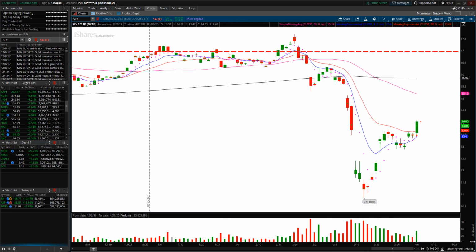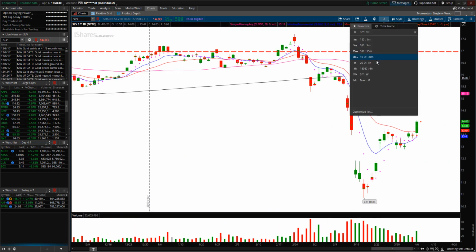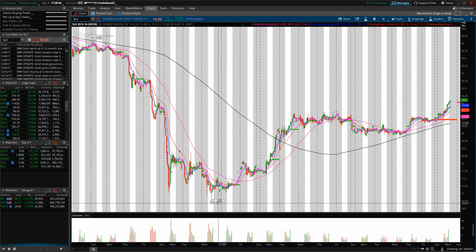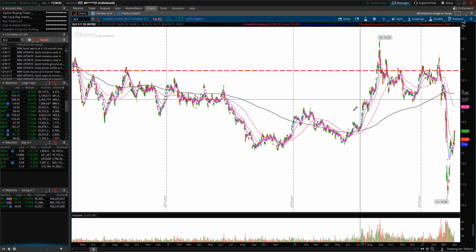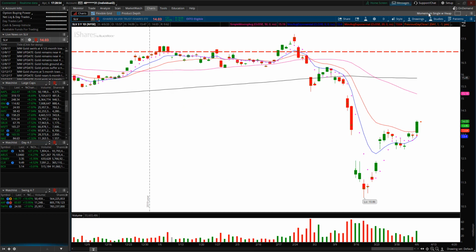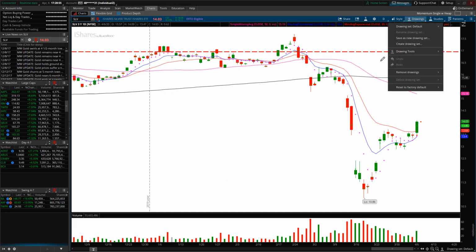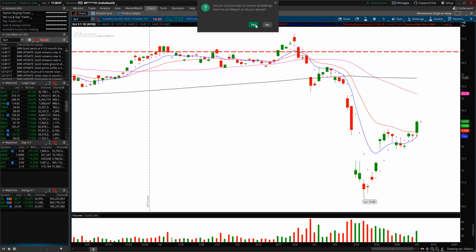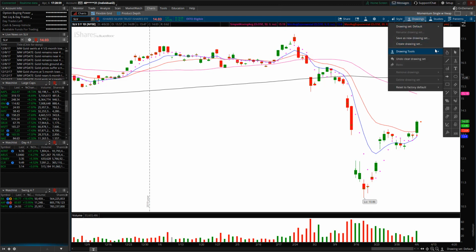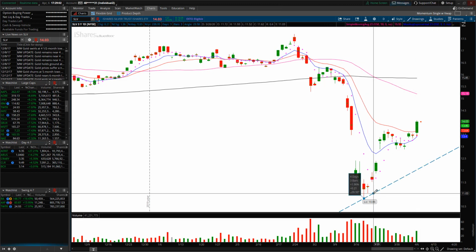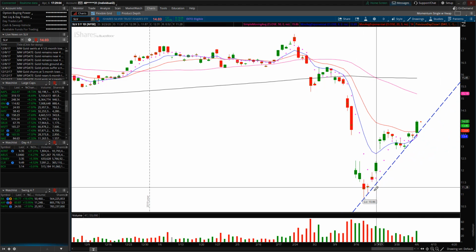So you can see with SLV, kind of a cup and handle-ish. You guys see this? Watch trend lines, right?